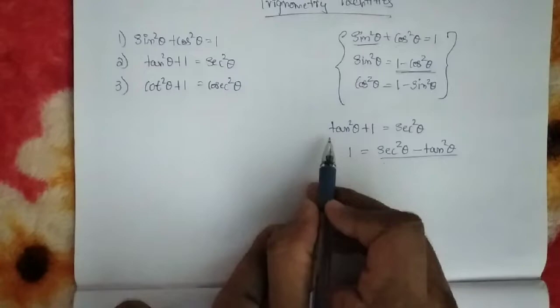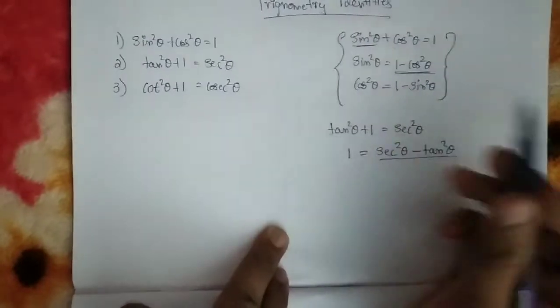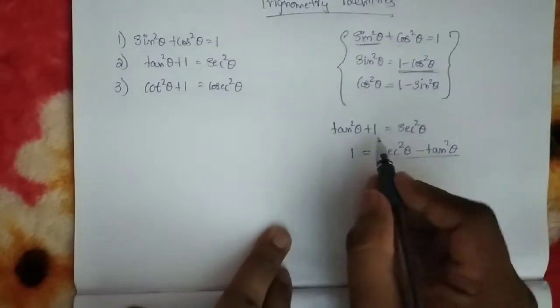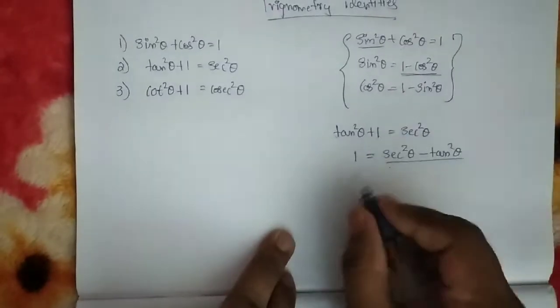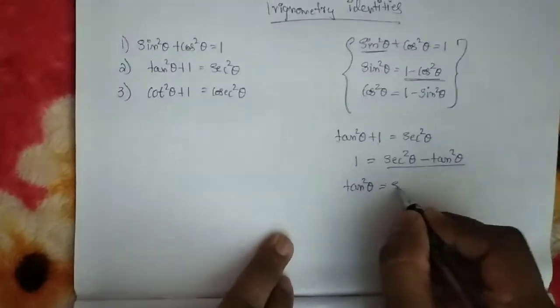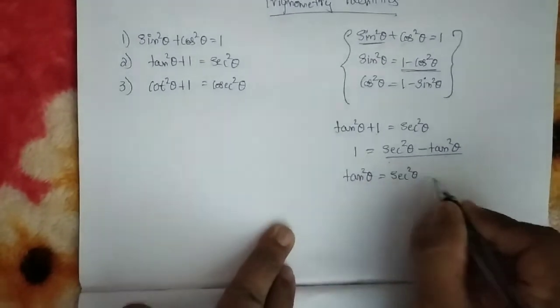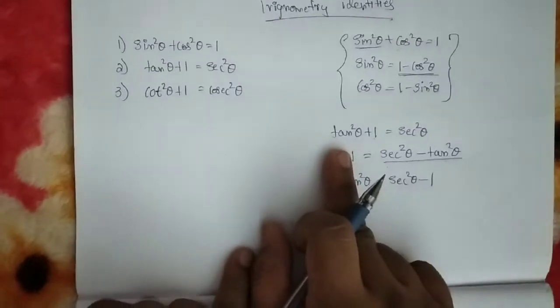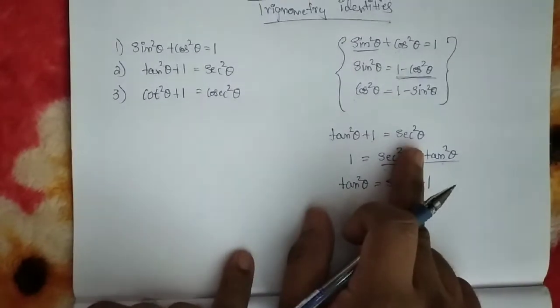Okay, so what I did here, I shifted the tan square theta to the right hand side. In the third way, I can shift 1 to the right hand side. What it becomes: tan square theta is equal to secant square theta minus 1. So this was our identity: tan square theta plus 1 is equal to secant square theta.